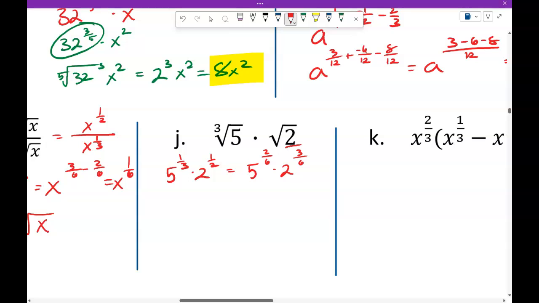And then using our power rule, like we did earlier when we defined m over n, we can rewrite this as 5 squared to the 1/6 power times 2 cubed to the 1/6 power. And our power rule states that we can split that exponent apart into the fraction and the integer, and then our product rule, kind of actually working backwards on the product rule, means we can rewrite this as 5 squared times 2 to the 3rd, all with the same exponent.